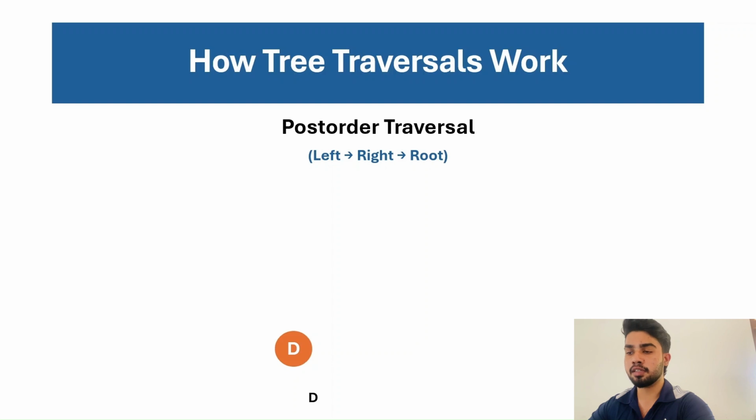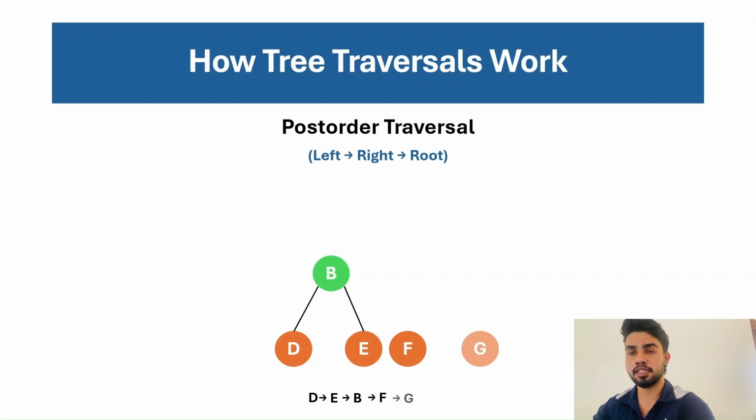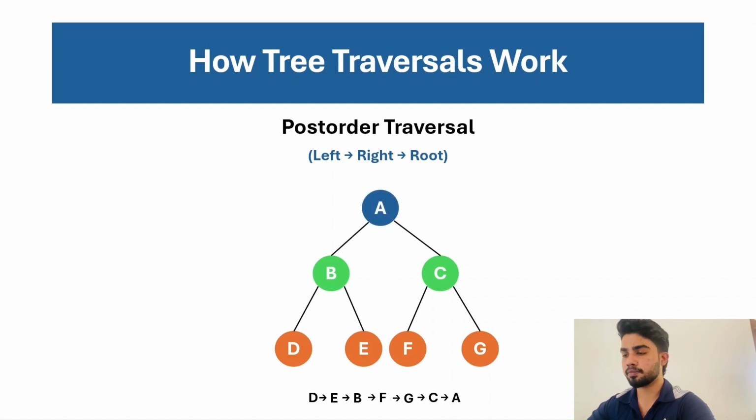As you can see, the left child is D. Then we move to the right child of the left subtree E. Then move to the root of the left subtree B. Then we go to the right subtree of the tree, from the left child F, then move to the right child G, then move to C, which is the root of the right subtree, and finally we move to the root of the whole tree.